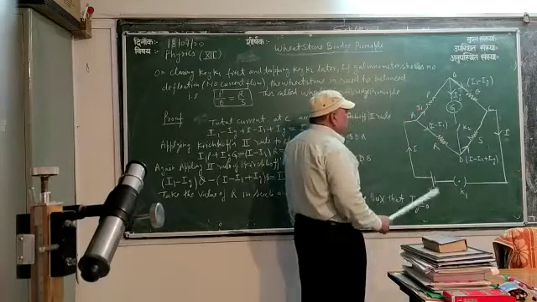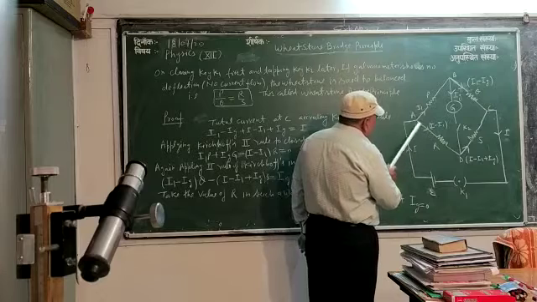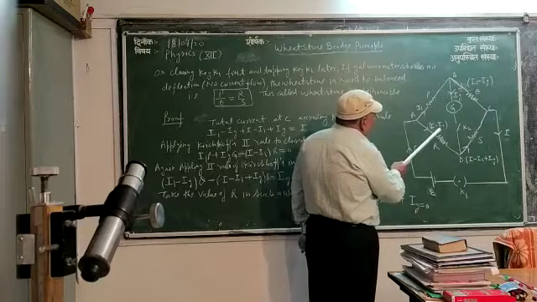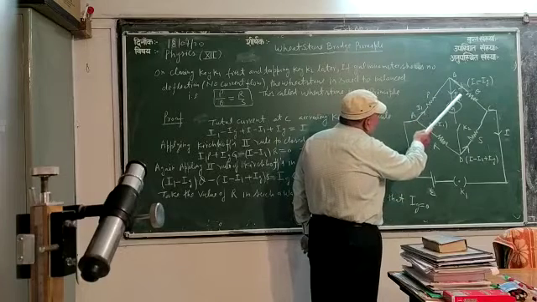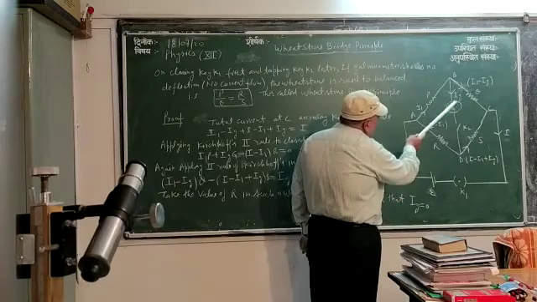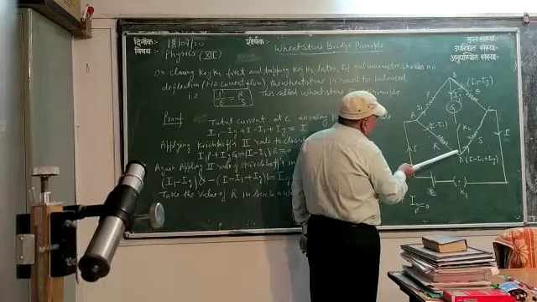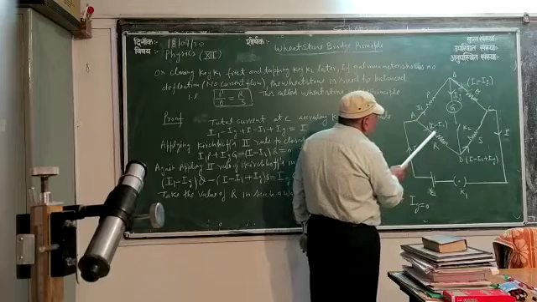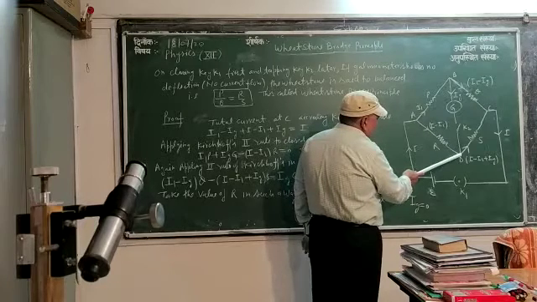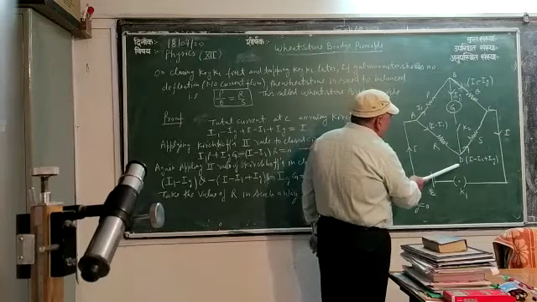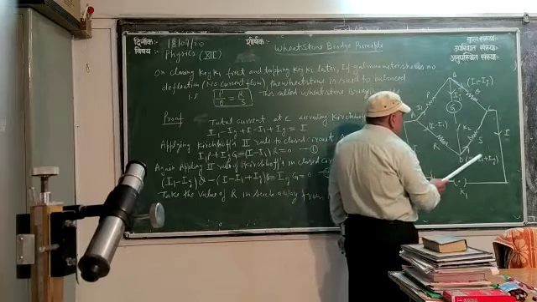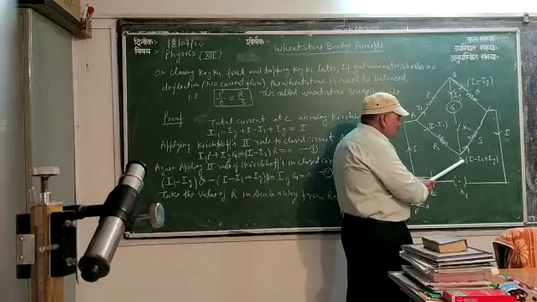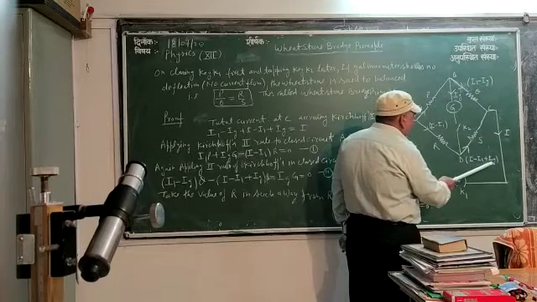Along AD, the current I minus I1 is coming, and from B to D through the galvanometer, current IG is coming. At point D, the currents IG and I minus I1 meet, and both flow in arm DC. The total current in arm DC is I minus I1 plus IG.